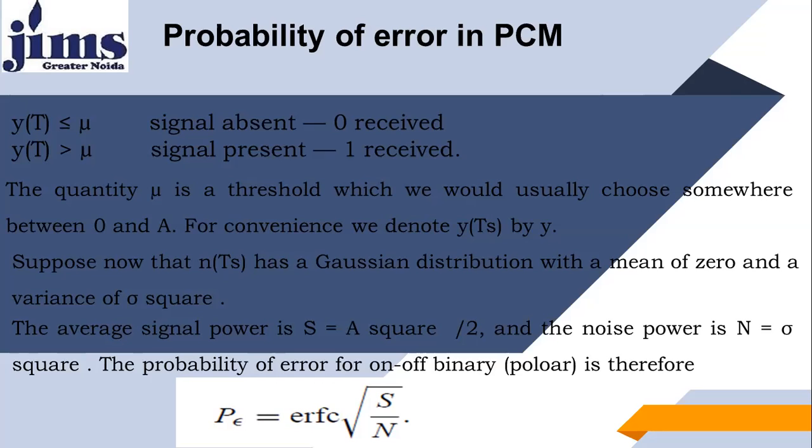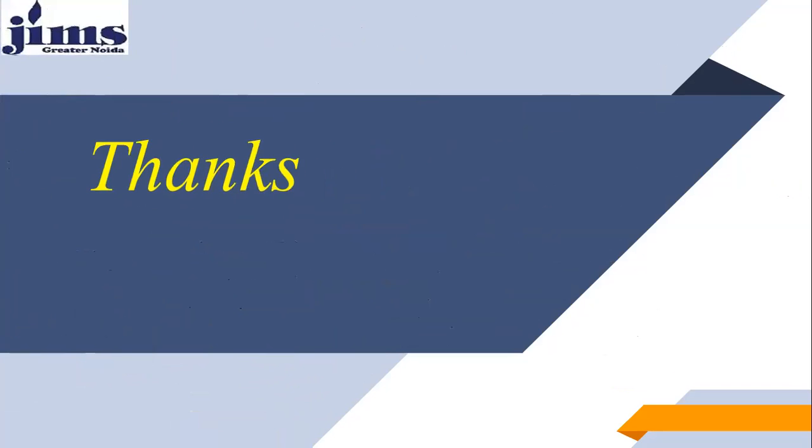So this is the final expression of probability of error, the error function of S by N. This is a very important mathematical expression, clearly showing that the probability of error decreases as S by N increases. So we always want to maintain S by N as high as possible to minimize probability of error. Thank you very much.